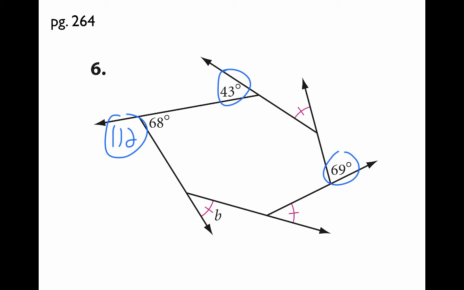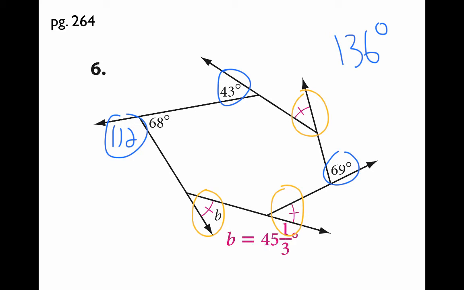We're going to take 360, take away 112, and 43, and 69. That gives us a remainder of 136. 136 is our sum of those three remaining angles. And so 3 into 136, our angle is supposed to be 45 1/3. Simple, 45 1/3 is our result.